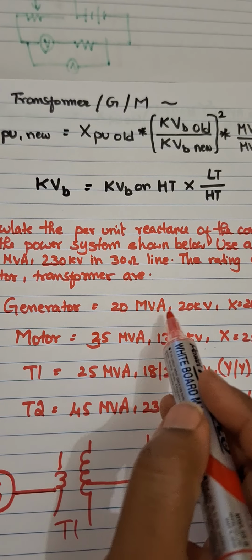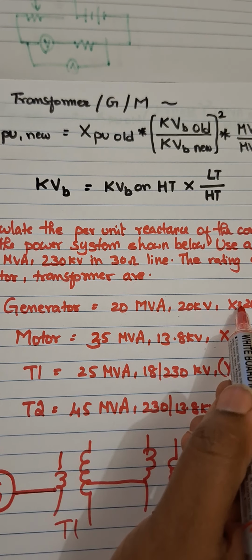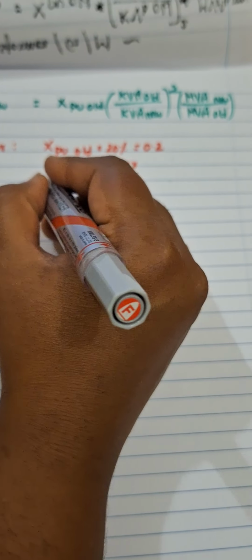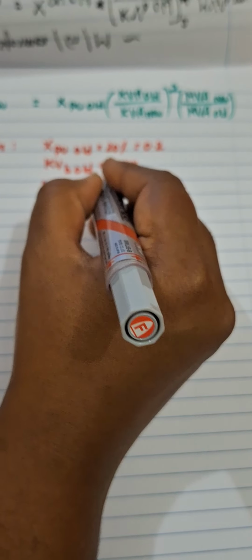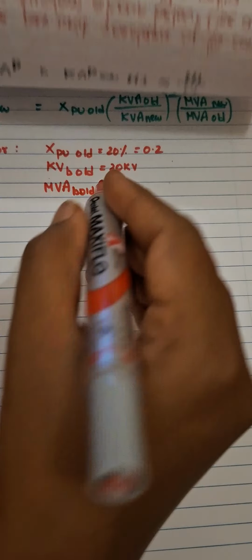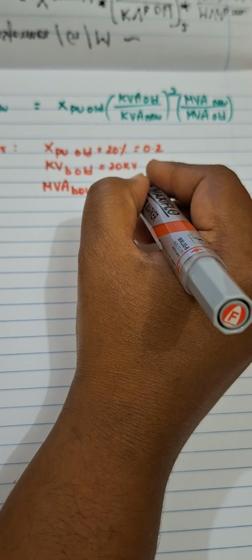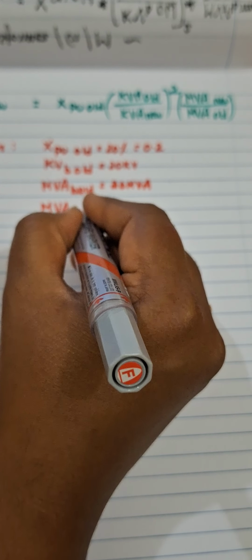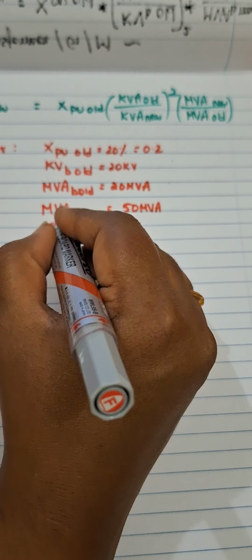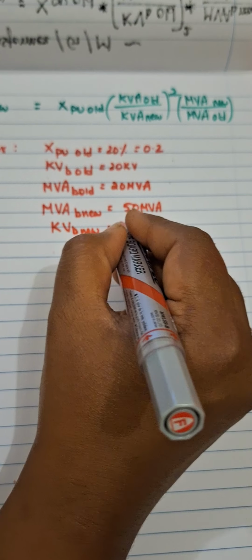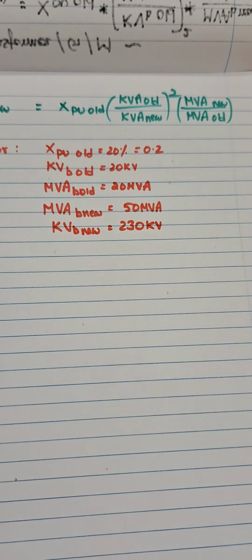The kV base old value is given as 20 kV, and the MVA base old is 20 MVA. These are the three values given, and they gave new base values, which we should consider as 50 MVA with kV base new value as 230 kV. So this is the given information.